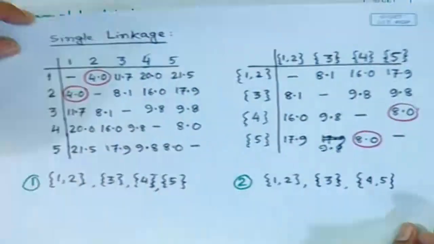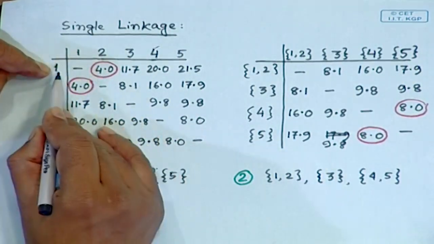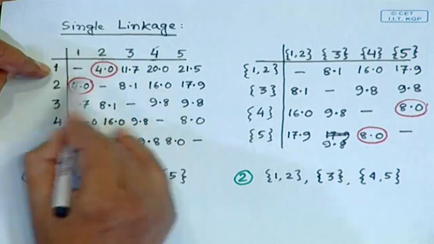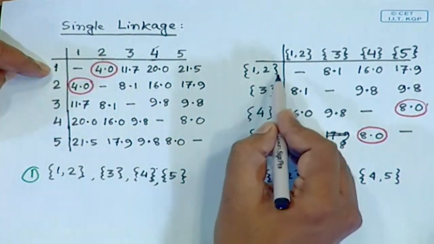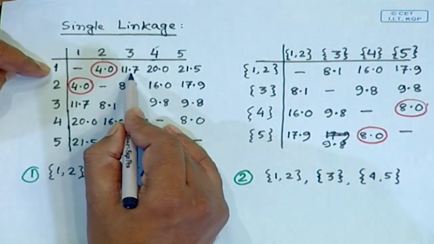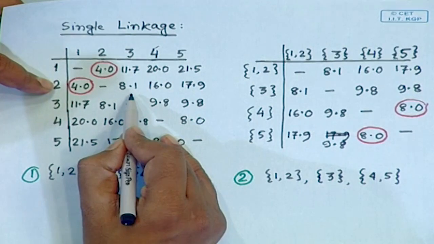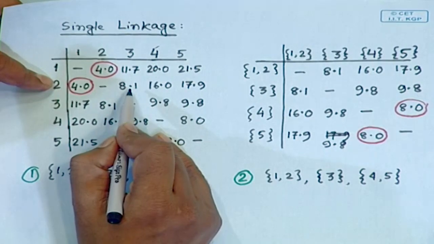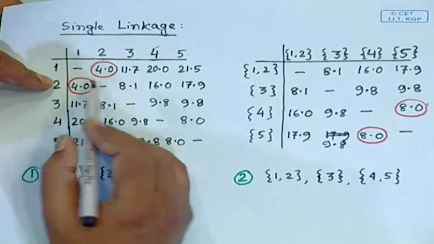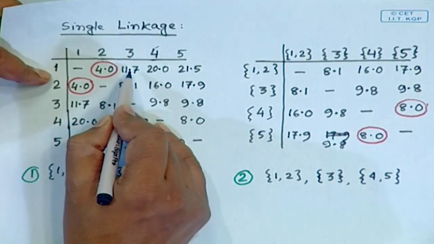So, what is the distance between 1 and 2? It is 4.0. The distance between 1 and 3 is 11.7, and the distance between 2 and 3 is 8.1. So, I have to take the maximum of these two values now. In the earlier case, I took the minimum of these two values. The maximum of these two values is 11.7.